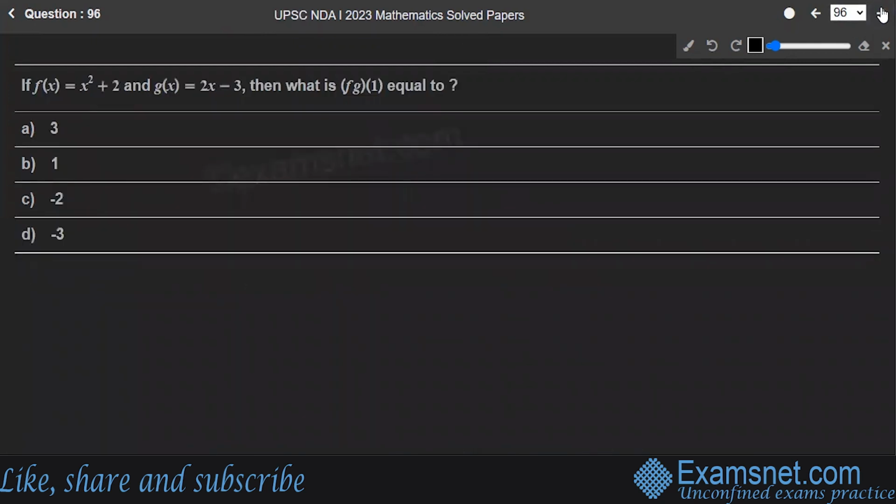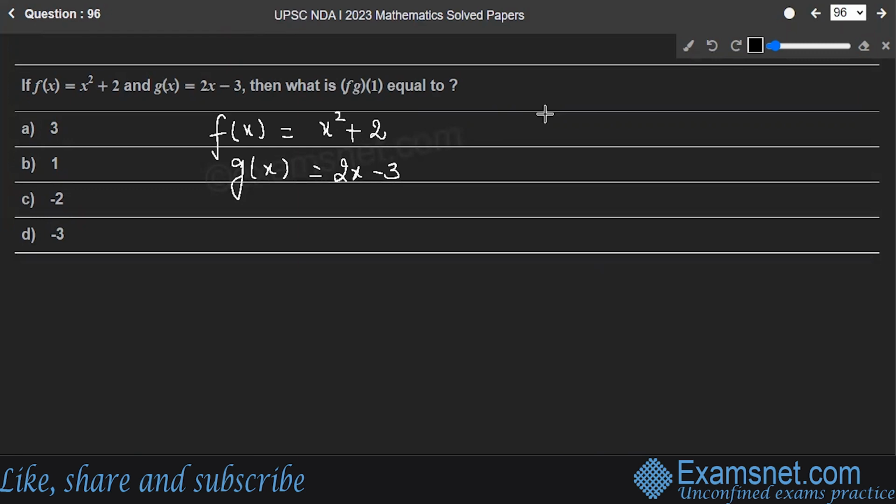Next is question number 96. If fx is equal to x square plus 2 and gx is equal to 2x minus 3, then what is the value of f of g of 1? You are given fx is x square plus 2 and gx is 2x minus 3.